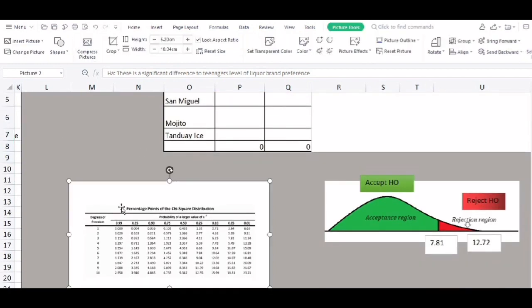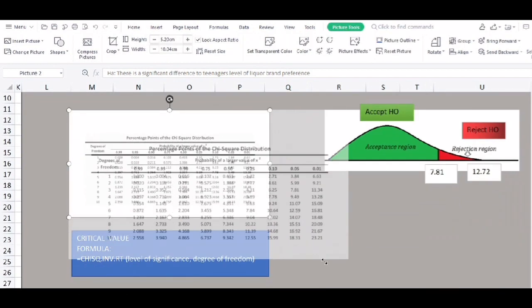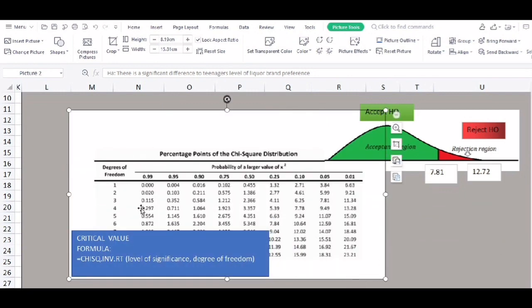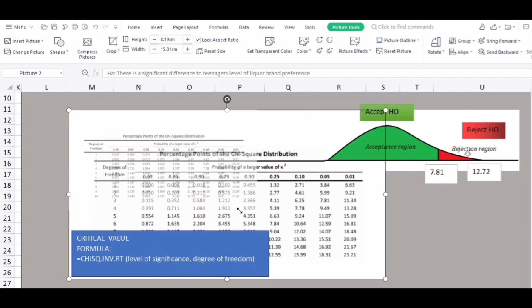Just remember, in getting critical value, we need to know the level of significance and the degree of freedom. The degree of freedom is 3, as you can see here. So this is what I'm saying earlier, percentage points of the chi-square distribution.